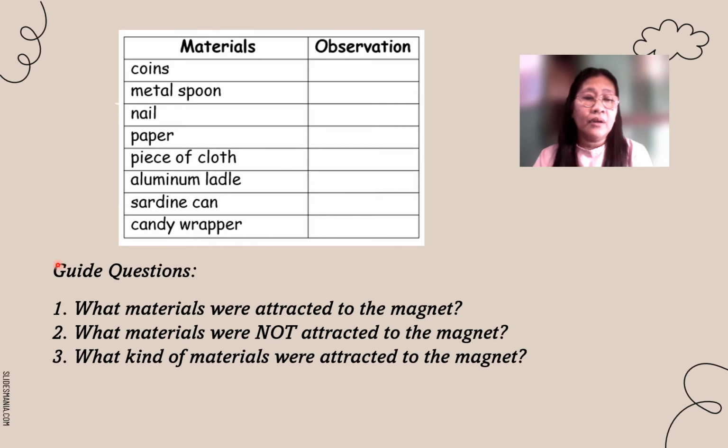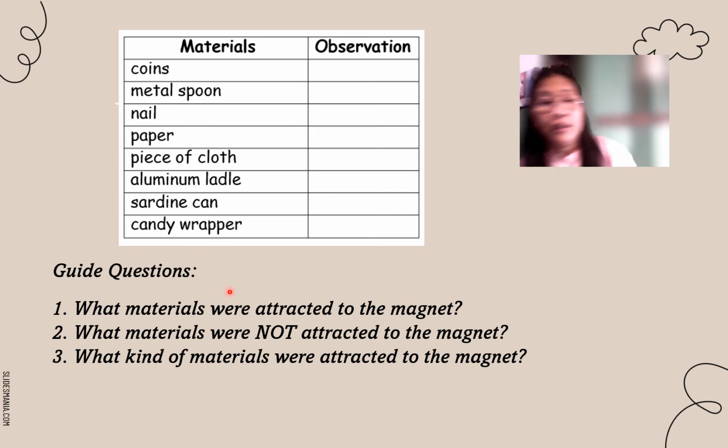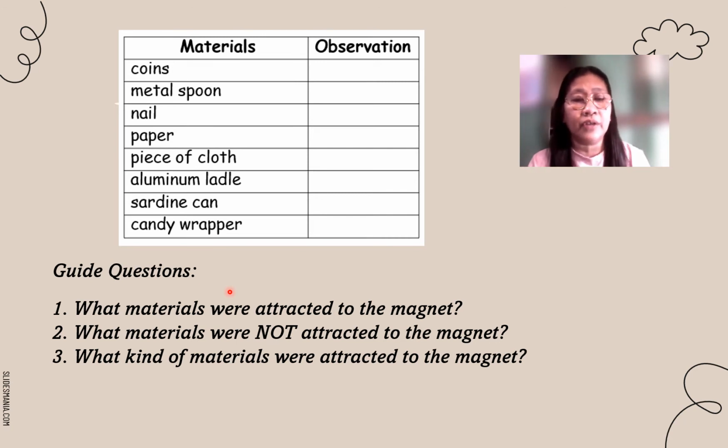Okay? For your guide questions, so you can have your observation after your activity. Question number 1. What materials were attracted to the magnet? So write your answer on your notebooks. Number 2. What materials were not attracted to the magnet?